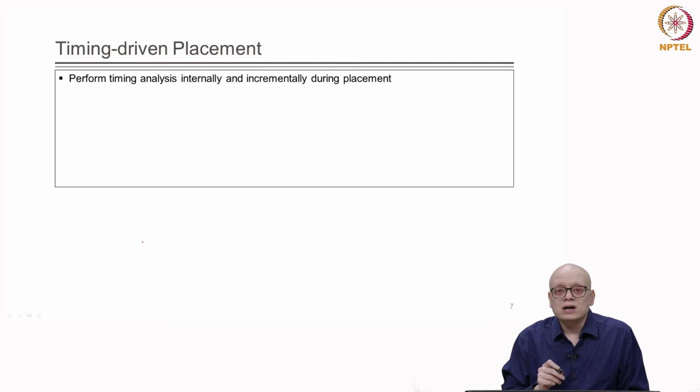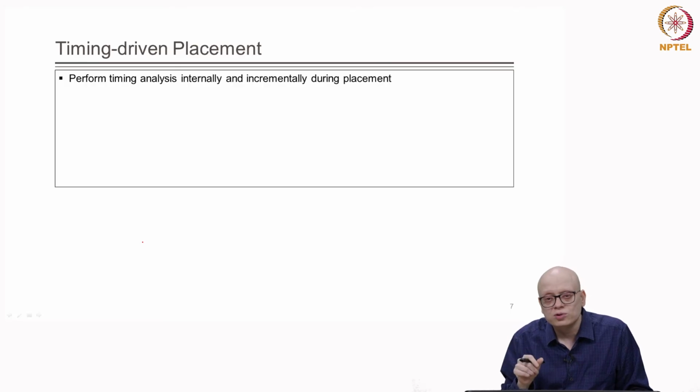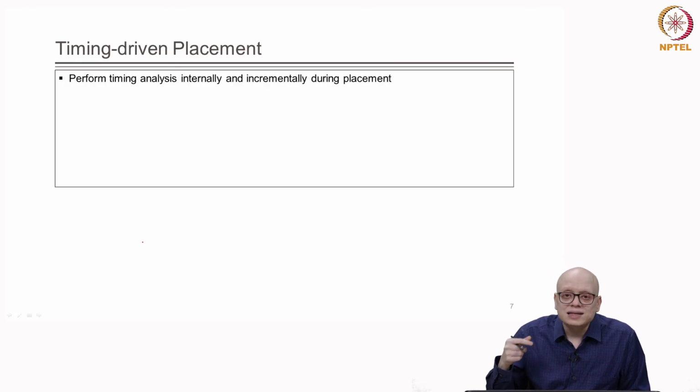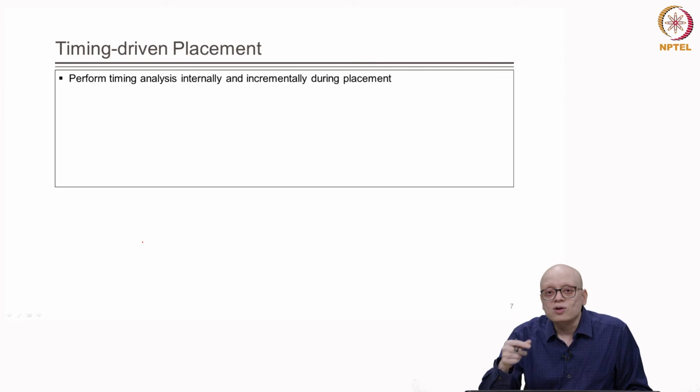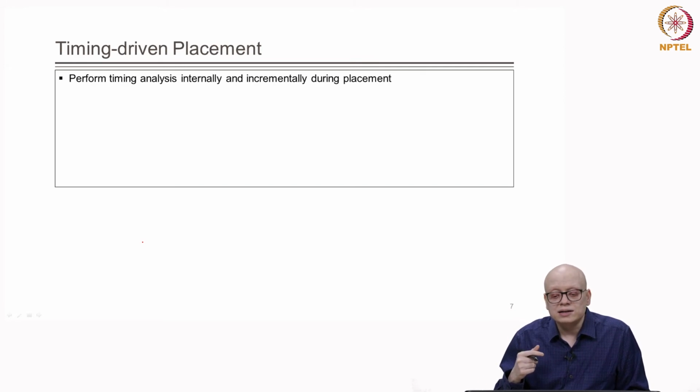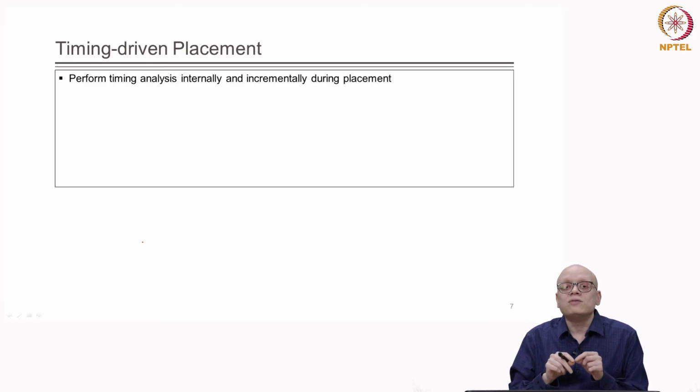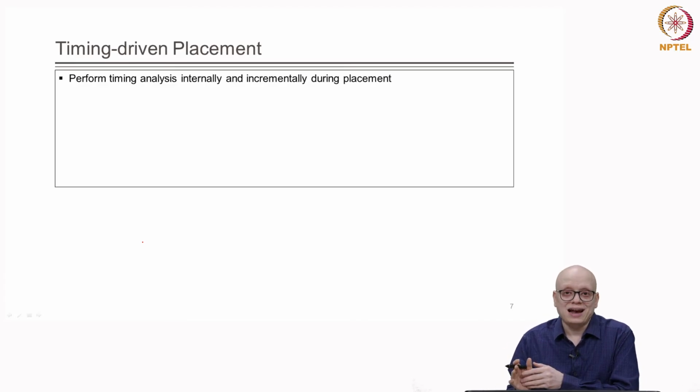It performs the timing of a design incrementally, meaning that if it changes the locations by a small amount, it can assess the impact of that change on the timing, and based on that incremental and internal timing analysis, the tool can evaluate the slack of various paths, and there can be some paths which are violating.